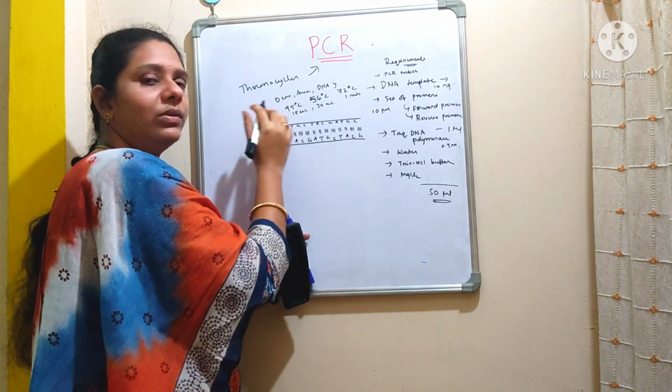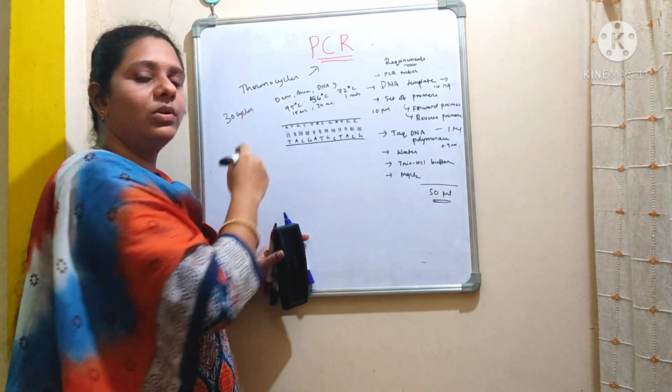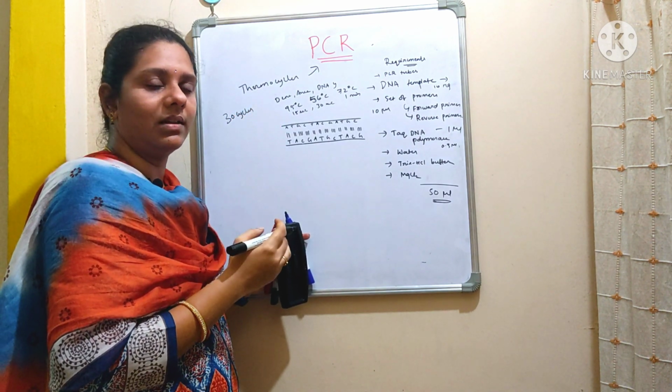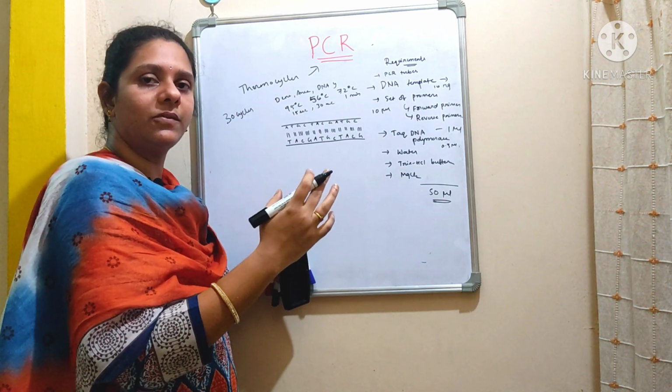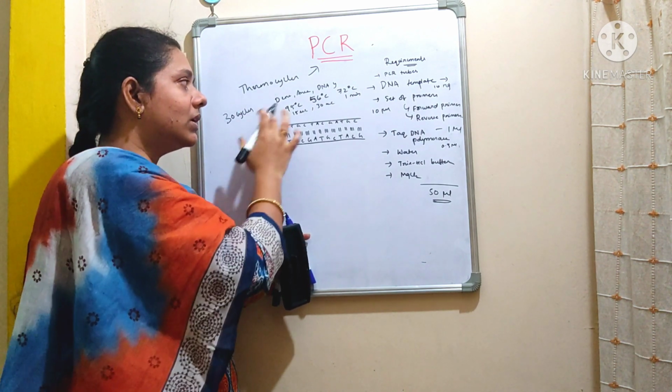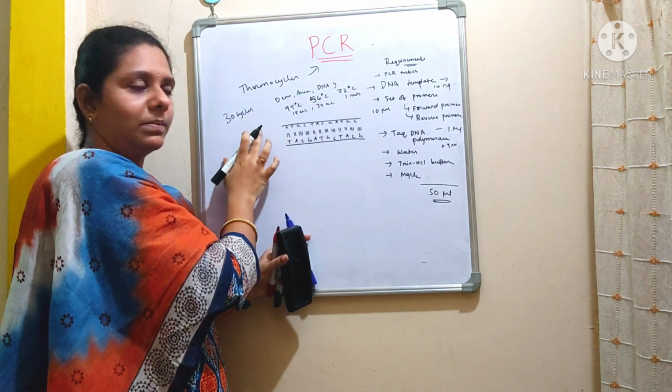Okay, and you need to set that for 30 cycles, because there is no use in carrying out a single cycle. You can't expect much at the end of the first cycle. To get a sufficient amount of DNA, you need to carry out these repeated cycles 30 times.